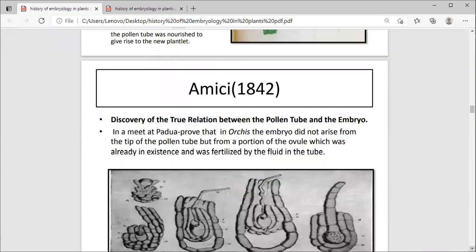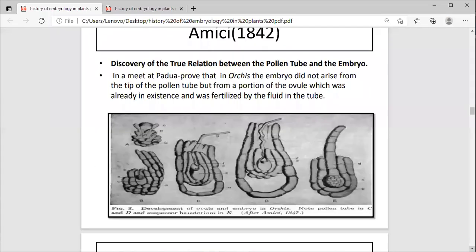Next, Amici again here in 1842, a discovery of the true relation between the pollen tube and embryo. He studied orchids, and the orchid's embryo does not arise from the tip of the pollen tube, but from the portion of the ovule which was already fertilized by the fluid in the tube.